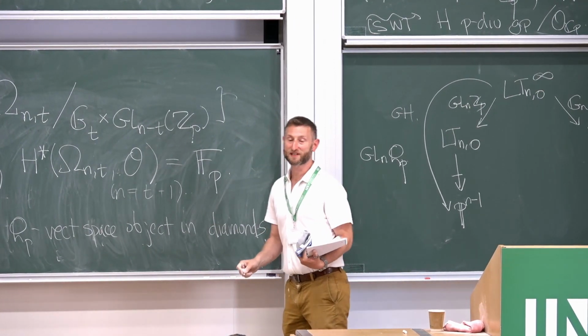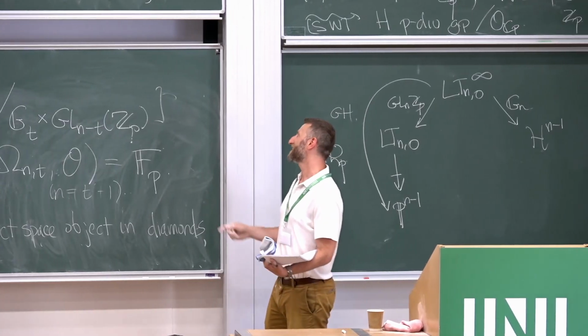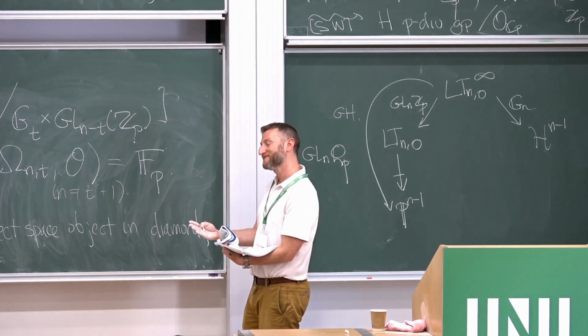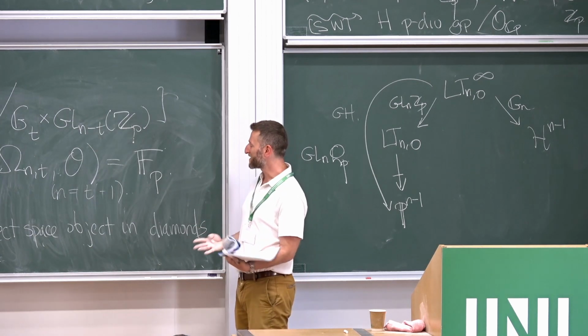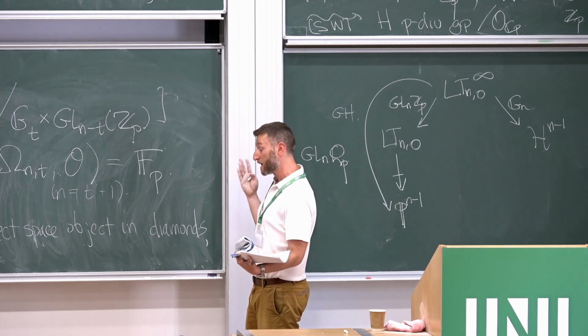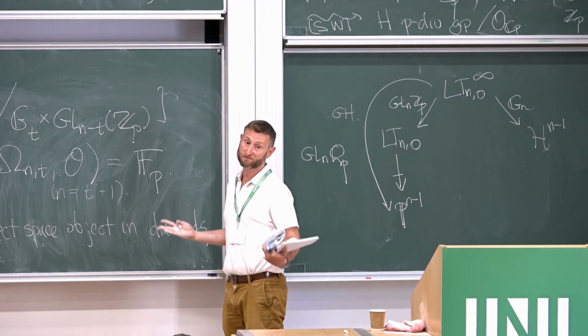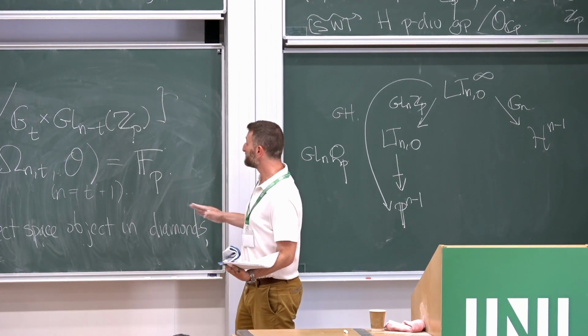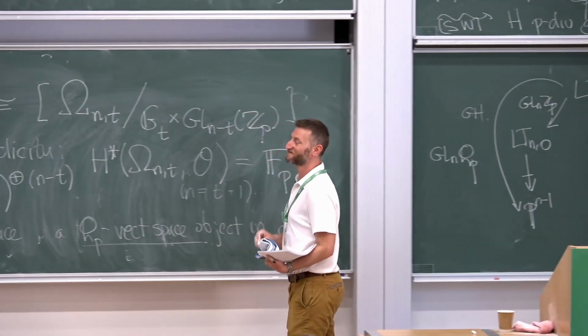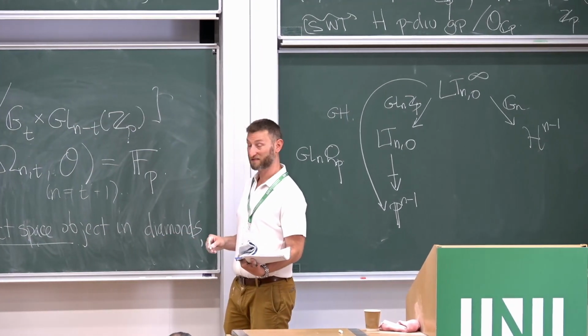Although I didn't quite say what a diamond was. It's like an algebraic space in the world of perfectoid spaces. It's a perfectoid space modulo a pro-étale equivalence relation. But on first glance, just focus on the fact that it's a QP vector space object.